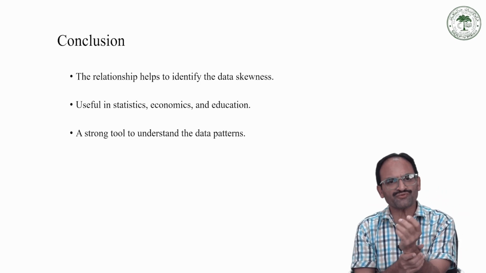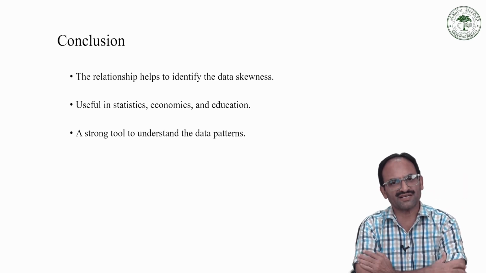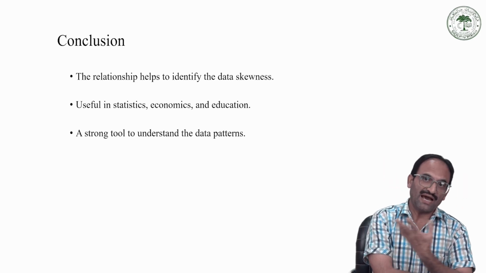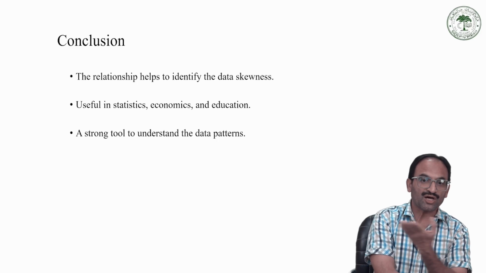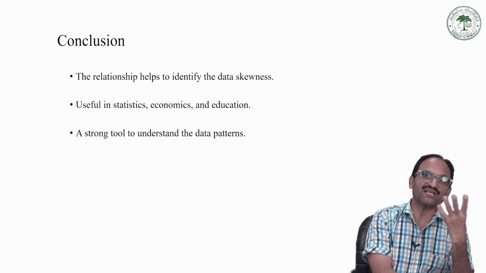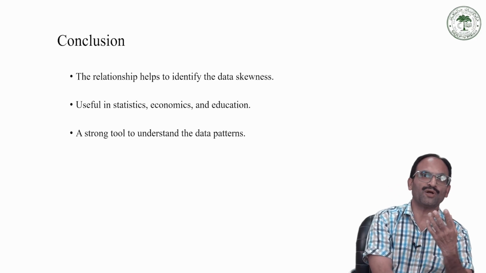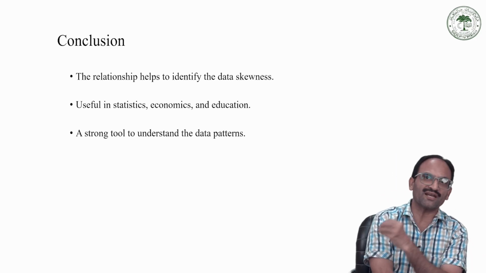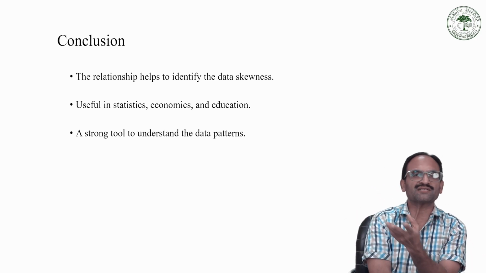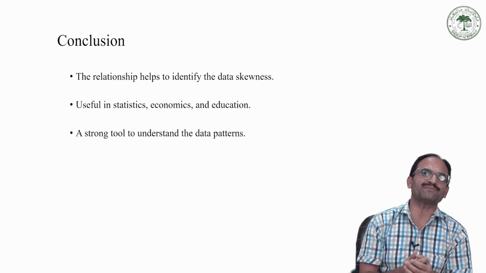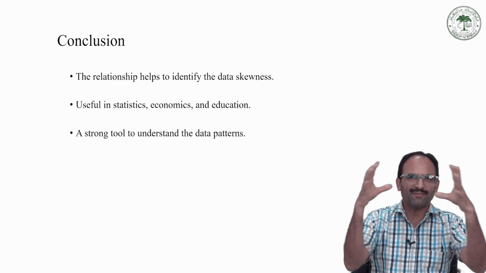This is very useful particularly in statistics, economics and education. And you see, economists, they calculate the national income or the average income, or sometimes lower income group or higher income group, or sometimes they calculate the wages, sometimes they calculate the salary. I mean such type of things.